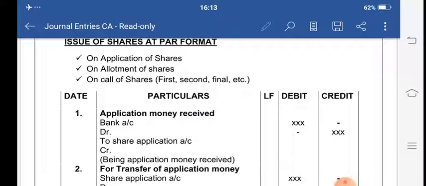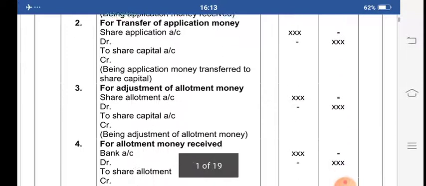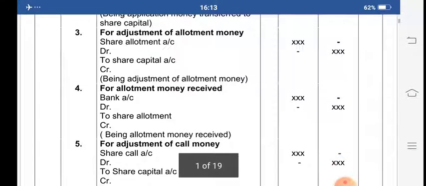Next, the second one is on allotment of shares, with entry number 3 and entry number 4. For adjustment of allotment money: share allotment account debit to share capital account credit.